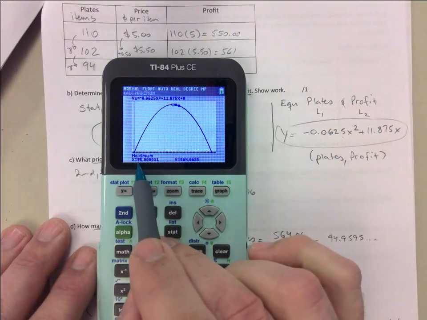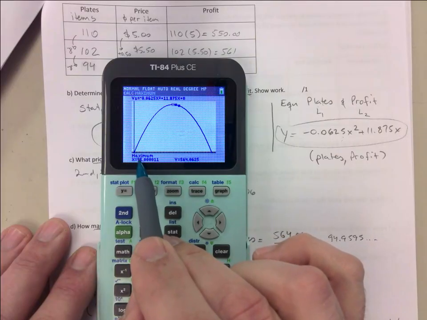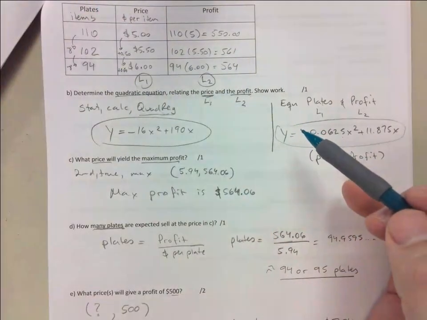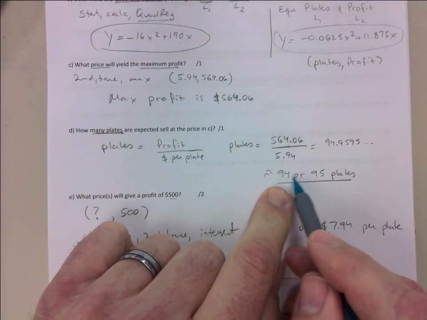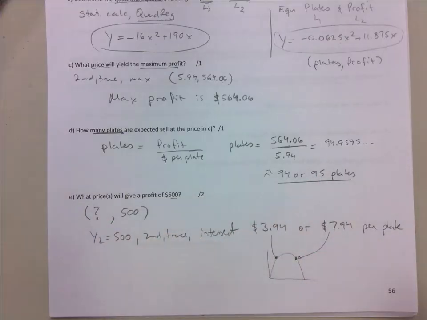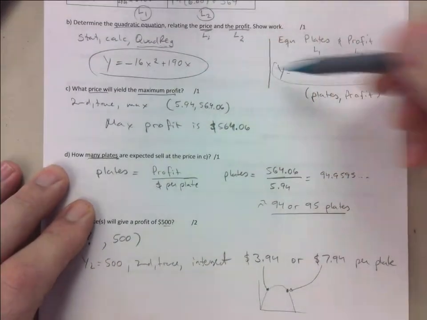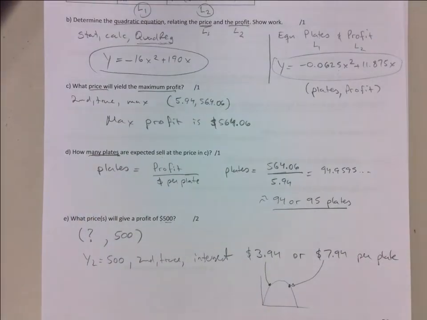How many plates have I sold? 95. How many plates did we calculate that we would have sold? 94 or 95, so we're very close. We have to round here, right? So there's parallel things happening here. You can approach it in two different ways. You just have to read carefully.